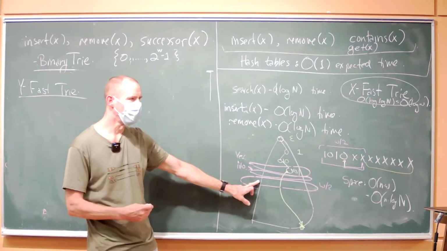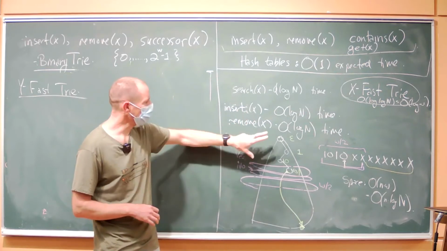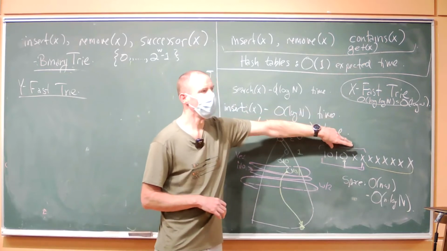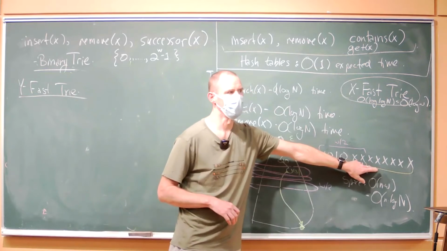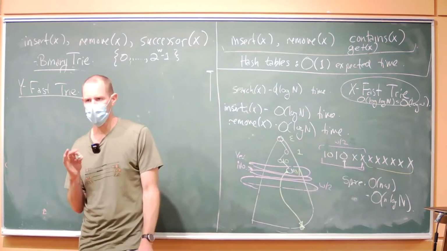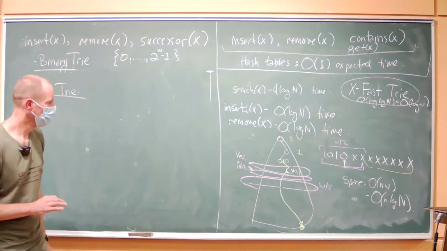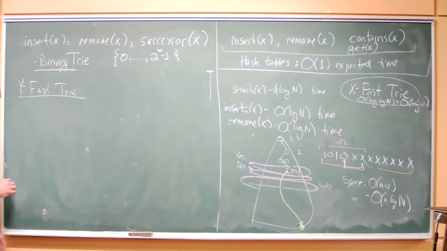Think about the van Emde Boas tree. There, we made some decision and decided whether we would just look in the aux table for the highest-order bits, or whether we would have to go into a child and look for the lowest-order bits in there. So these things are not so different, even though on the surface they look quite different.